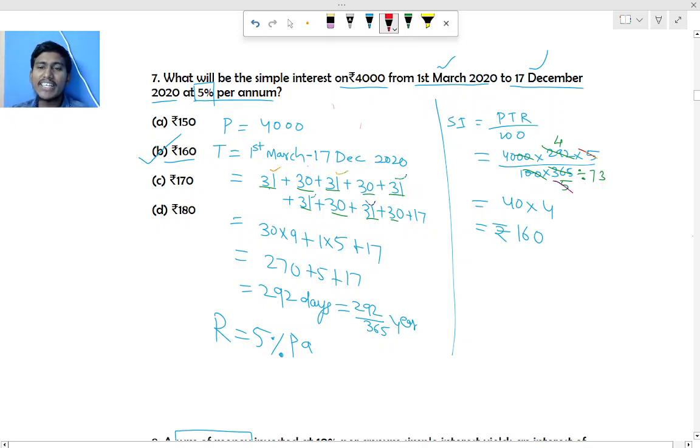So then 31 days, you add all the days, right? It will be how many days total? Then after that, December is there, right? Only 17 days. So 17 days in December you have to take only. Okay. That is 17 December, isn't it? So 17 days only we have to take. Okay. So it will be how many days total? 292 days. 292 days means, I told you, that is the 73 table. 73 how many is 292?